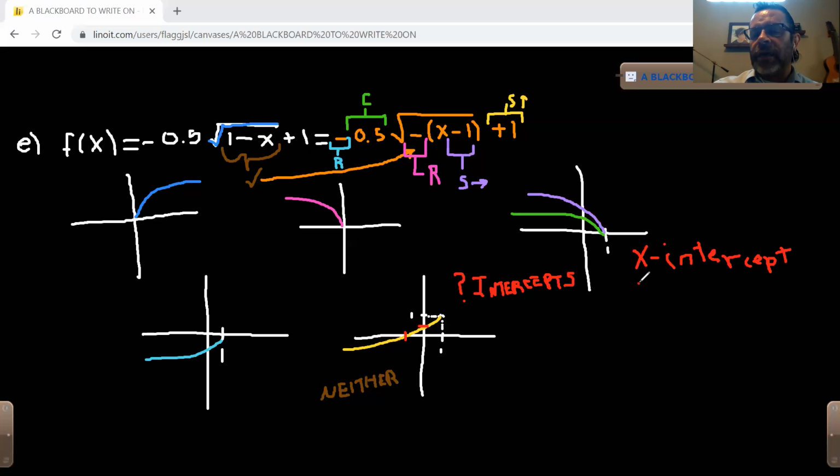We make y equal to 0. So if we make y equal to 0, that means minus 0.5 square root of, I'm going to use the original function, 1 minus x plus 1 equals 0. Okay, and I need to find the value of x for this.